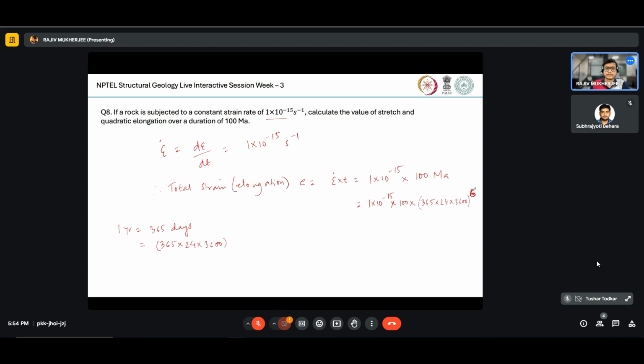Okay. So this is the amount of seconds. So this will be the total strain or the total elongation.